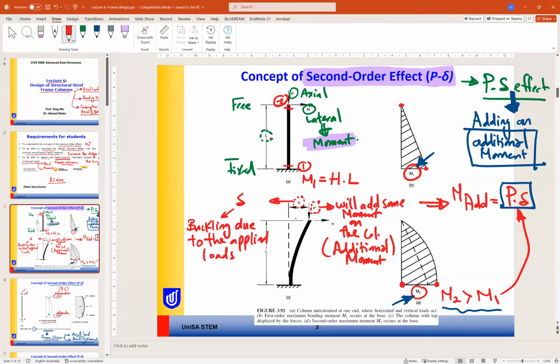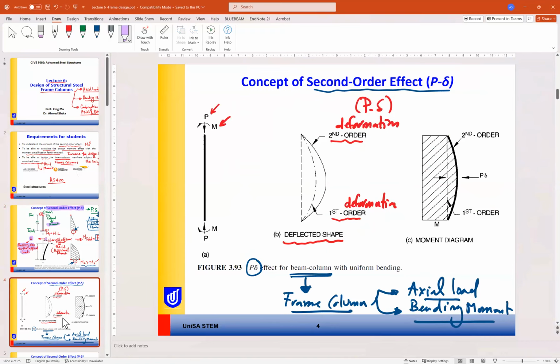Actually, we call deflection only the vertical deformation. So this is lateral buckling or lateral deformation. So delta here is lateral buckling, not a force.